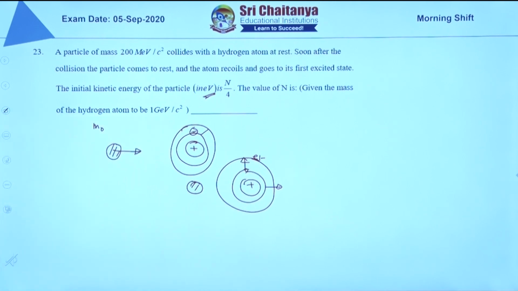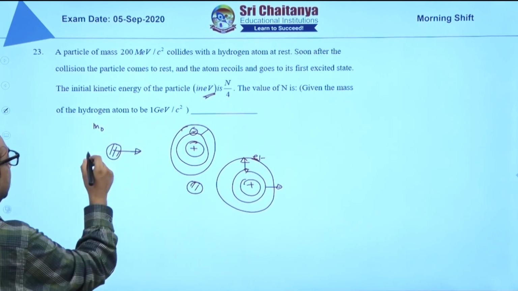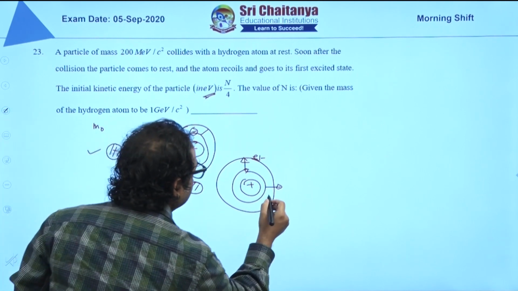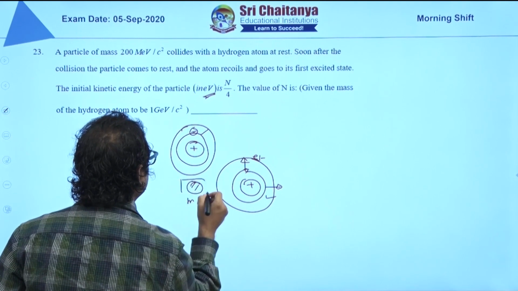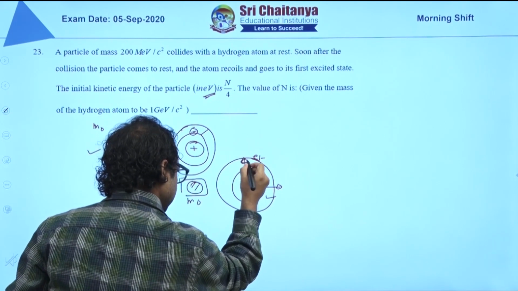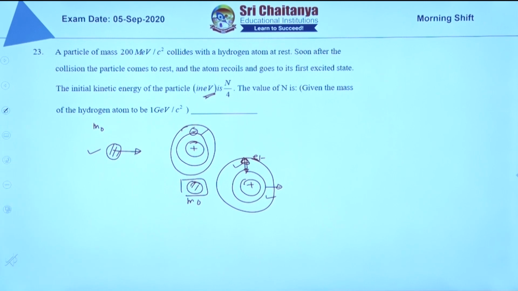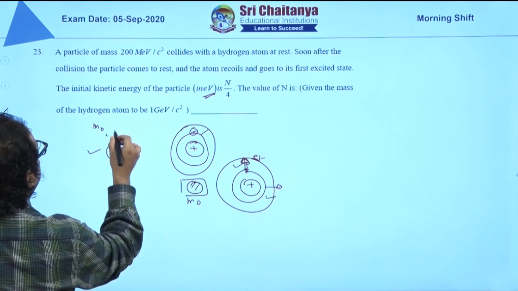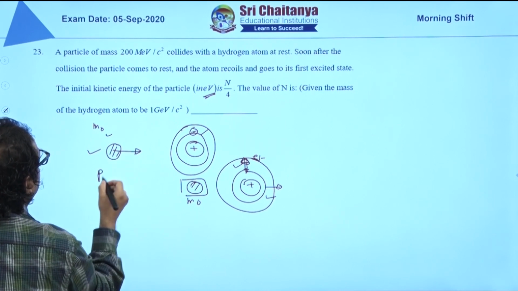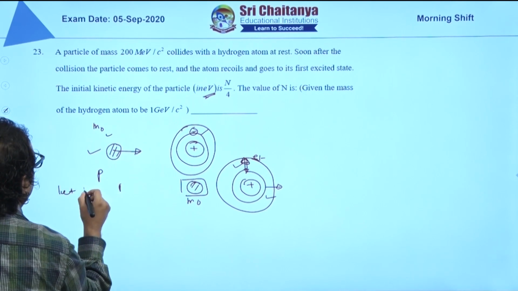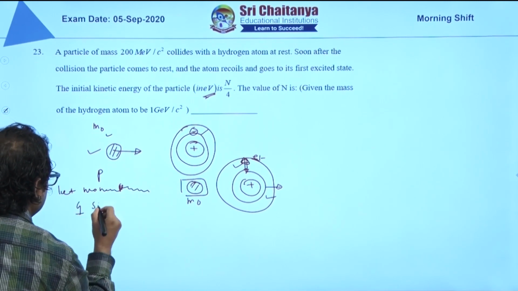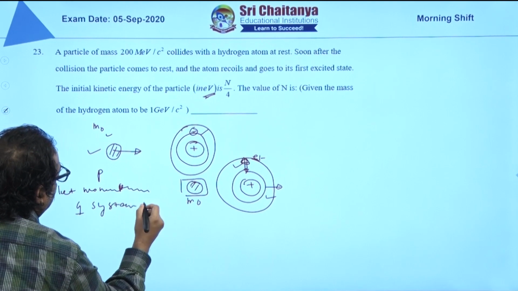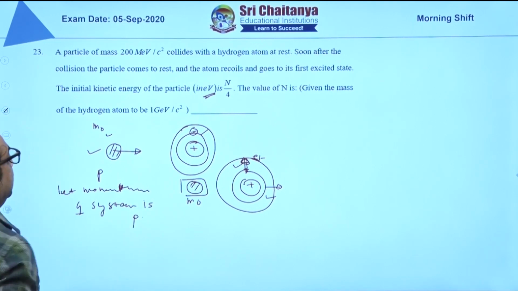So, definitely this kinetic energy is shared between the kinetic energy of the hydrogen atom, since the particle finally comes to rest, and the energy for excitation. Basically, let the momentum of the system be p.